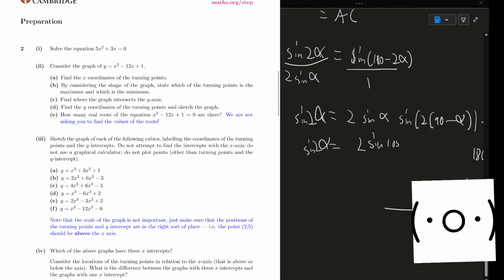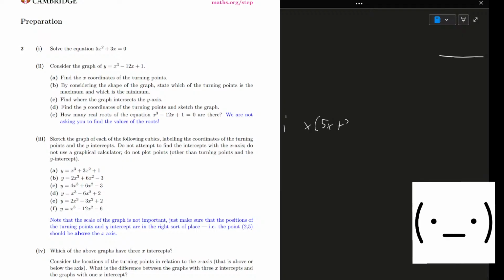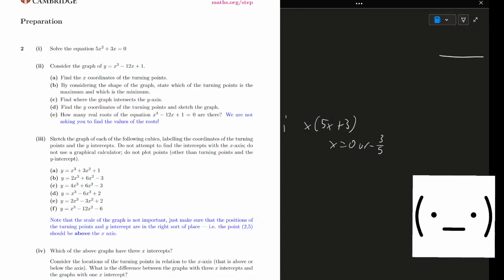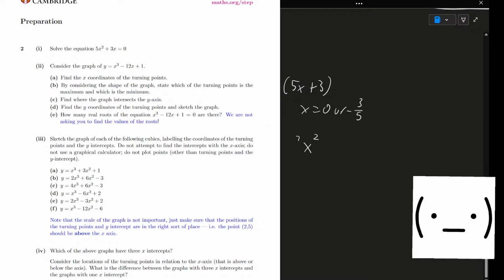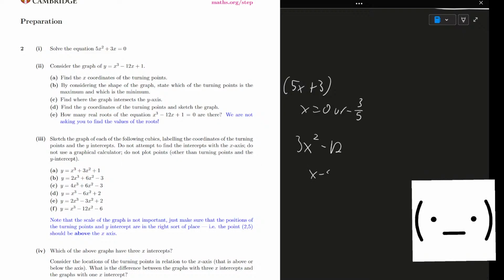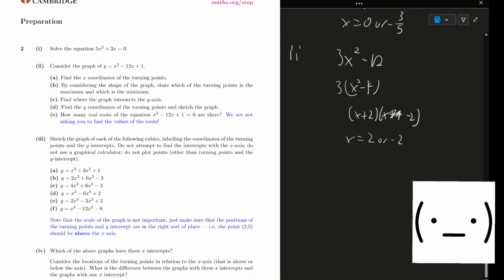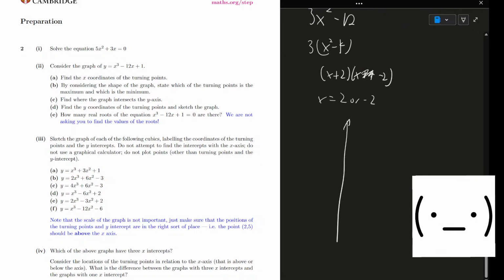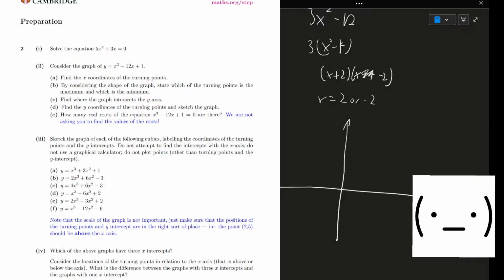I guess we're developing endurance, huh? I consider the shape of the graph.